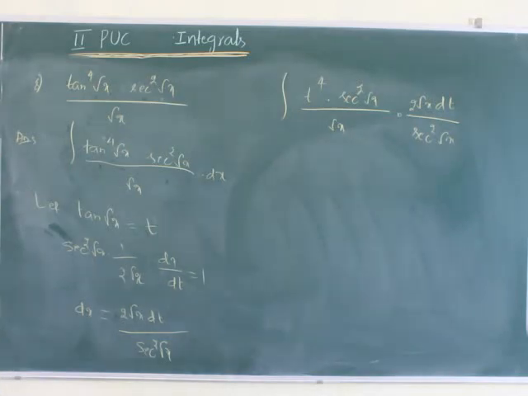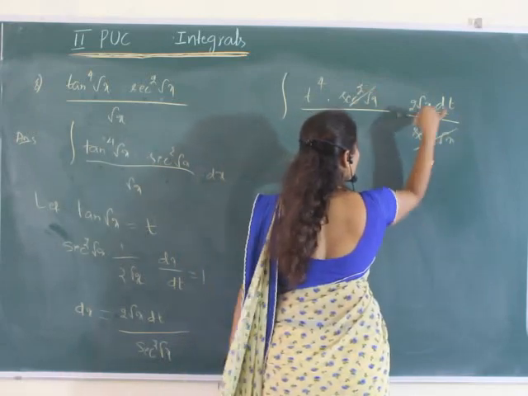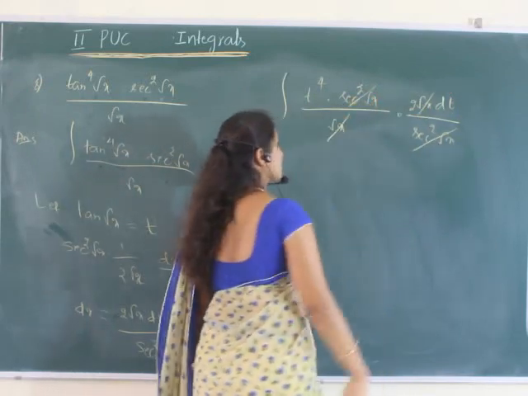So I substituted for dx. Now we can cancel secant square √x and √x.